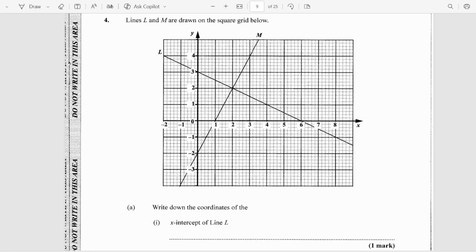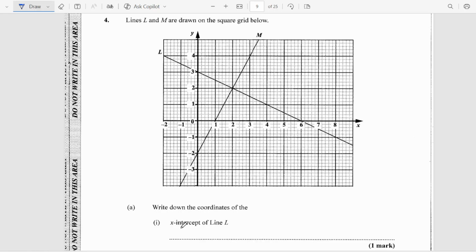All right. So Jan 2023 question 4. Lines L and M are drawn on the square grid below. Write down the coordinates of the x-intercept of line L. The x-intercept is where the line L is going to cross through the x-axis.